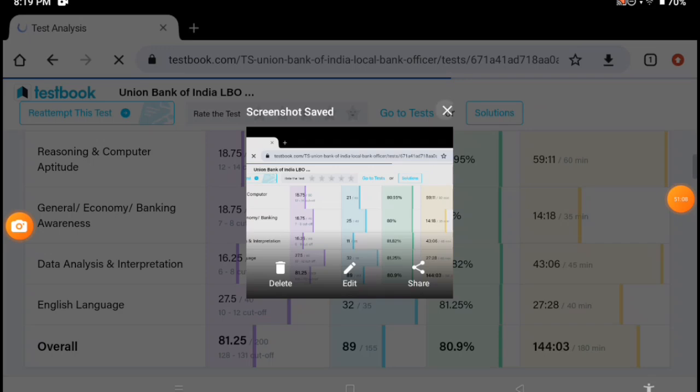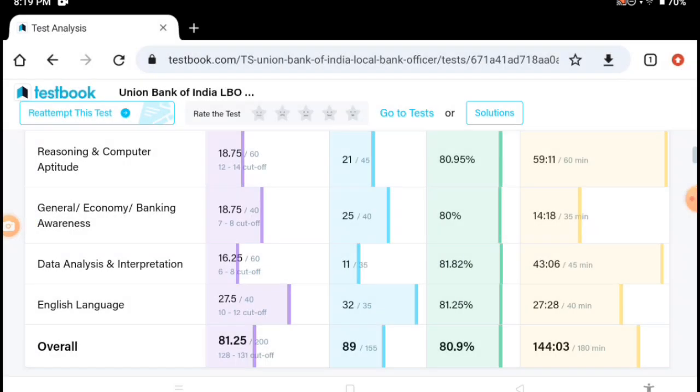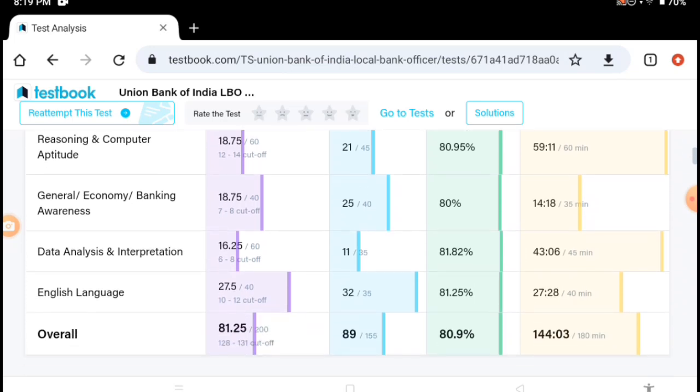The cutoff is in between 128 to 131, but I got 81.25. In reasoning and computer aptitude I got 18.75, general awareness 18.75, data analysis 16.25 and English 27.5. Let's see the solutions.